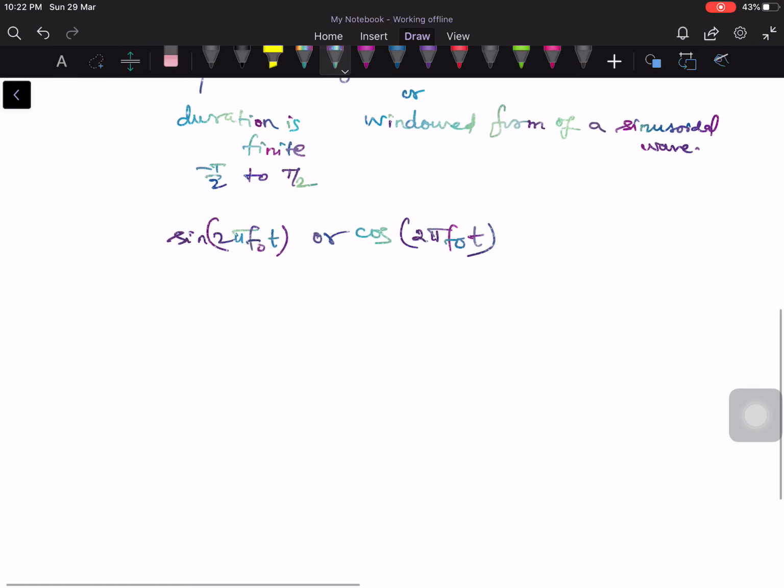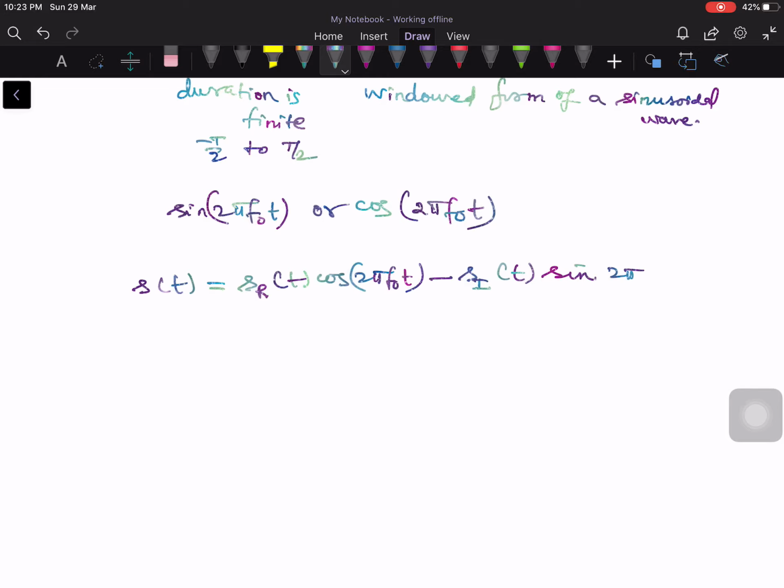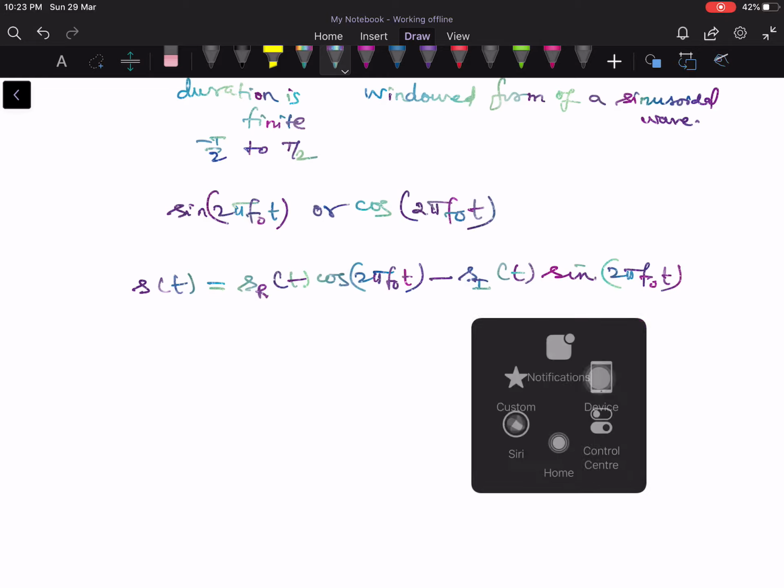So we can have a passband representation of this kind as follows: s of t is equal to s sub r of t times cosine of 2 pi f naught t minus s sub I of t times sine of 2 pi f naught t.